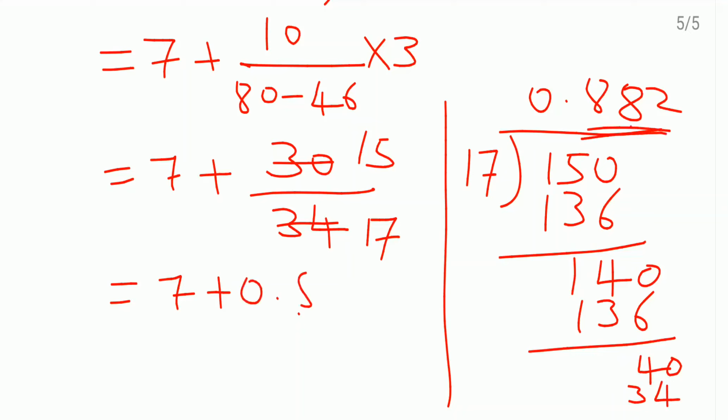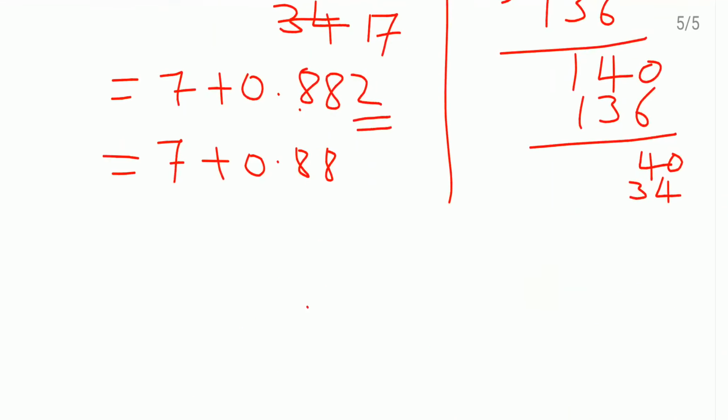So 0.882. Now see, the last digit is 2, which is less than 5. So the previous digit is not going to change. It will be as it is. If it is more than 5, we increase the previous digit, right? But here it is less than 5. So it is 7 plus 0.88. And the final answer is 7.88. Correct? So this is the mode of the data.